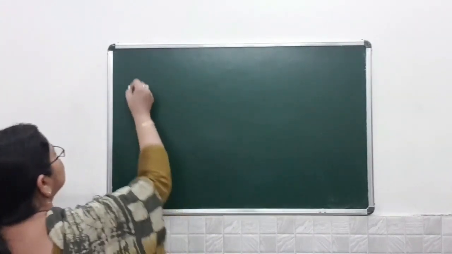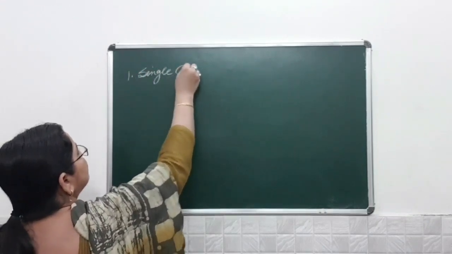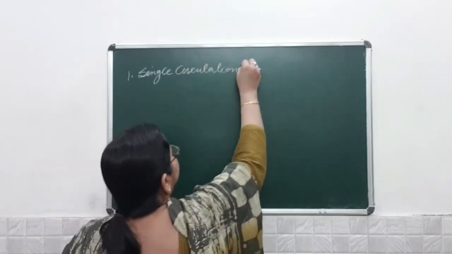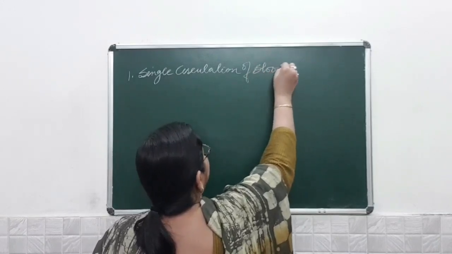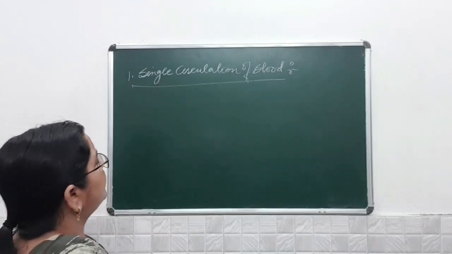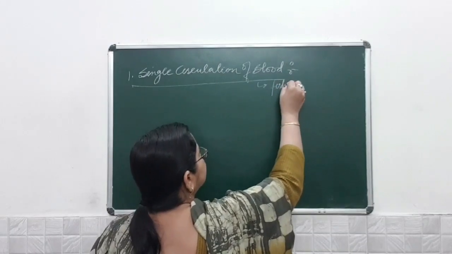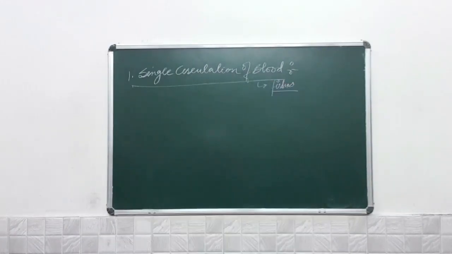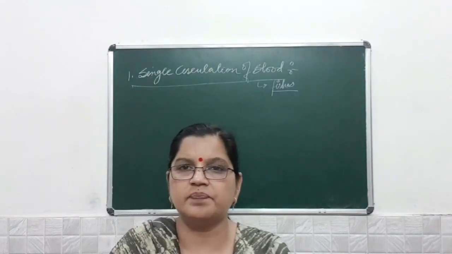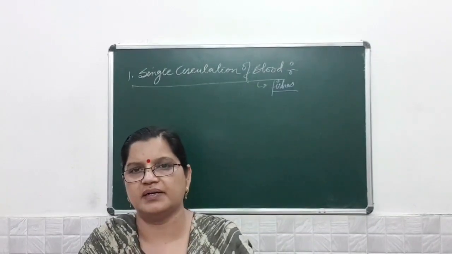First is single circulation of blood, seen in fishes. Different types of closed circulatory system are based on the structure of the heart and circulation of blood.